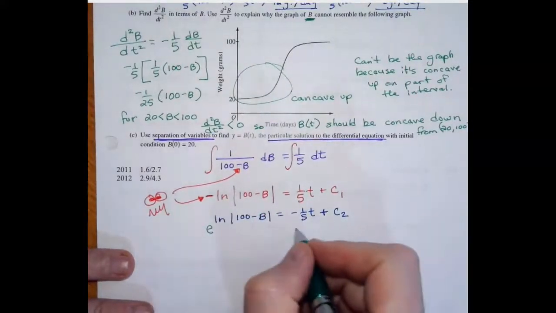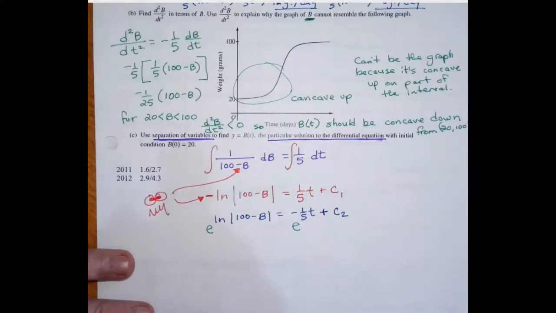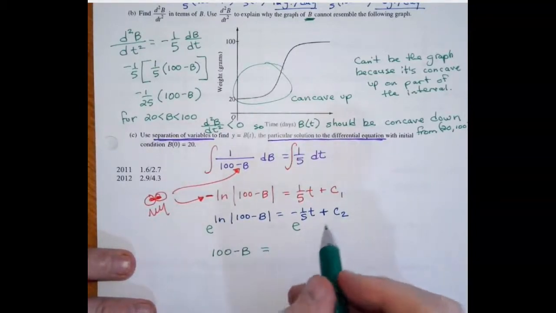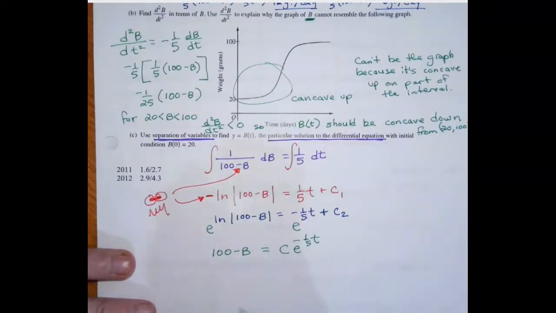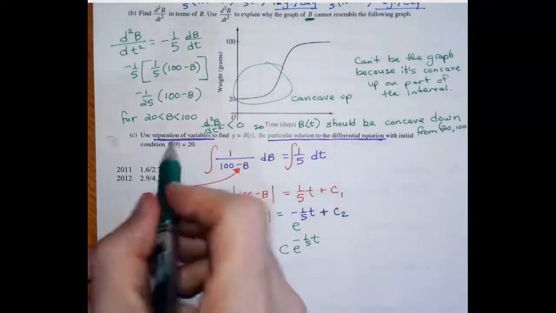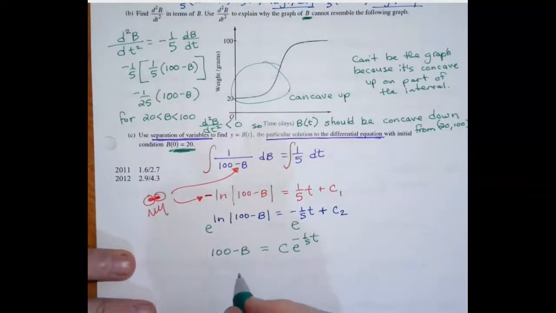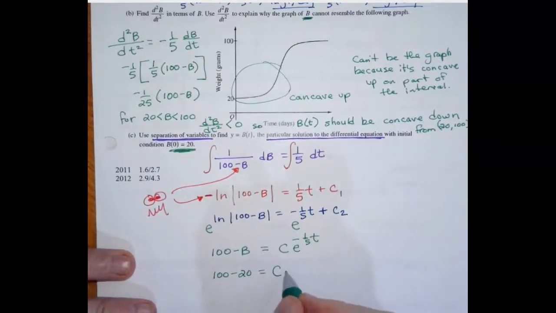Then we're going to raise both sides to those powers. So we're going to have 100 minus b equals, and we talked about this several times, so that's going to put a c in front. And there we go. Now we do have an initial condition right here. So when the time is 0, b is 20. So we're going to have 100 minus 20, and e, and when t is 0, that's going to be 0.